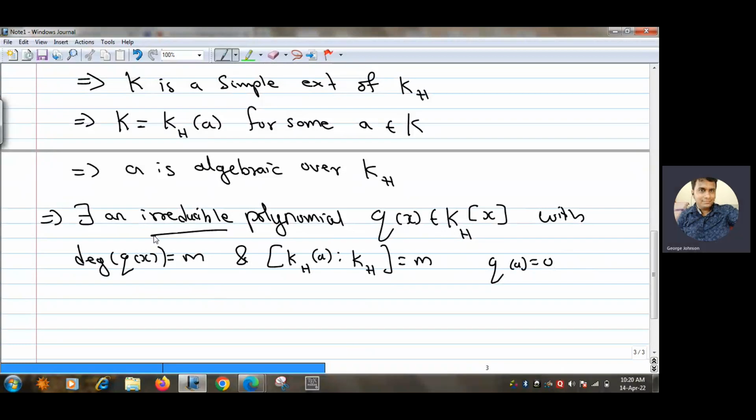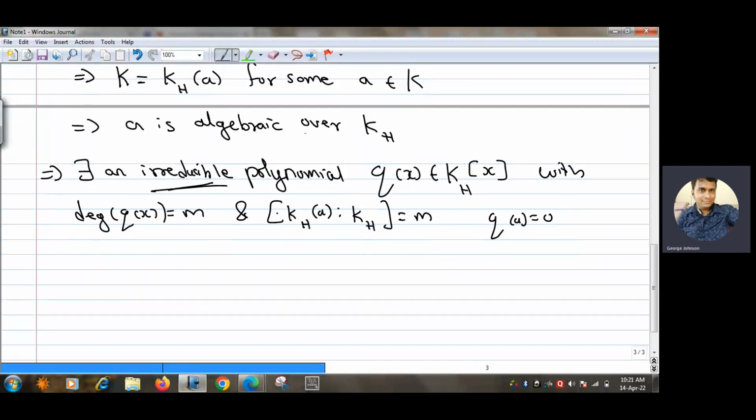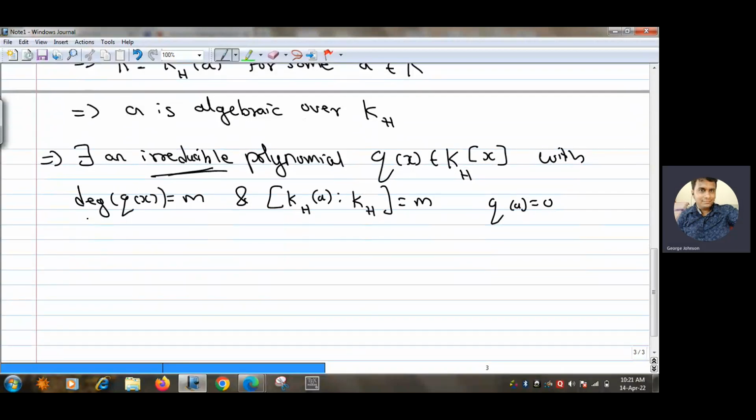Minimal polynomials are by definition irreducible, so minimal polynomials are always irreducible. So we got an irreducible polynomial which is satisfied by A and whose degree is n, and due to a theorem, the dimension is also exactly equal to n.